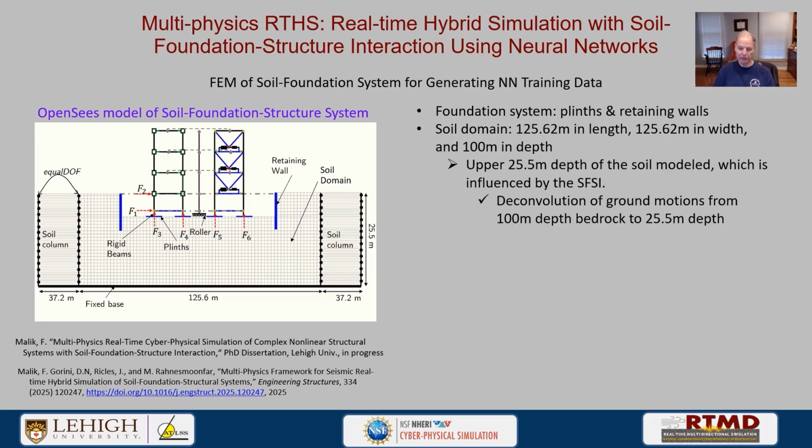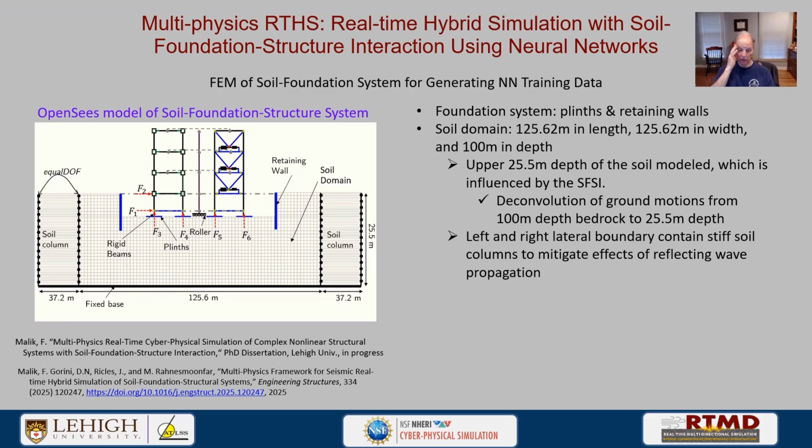Now the upper 25.5 meters of depth of the soil is modeled because it's influenced primarily by the soil foundation structure interaction. We use a deconvolution technique to convolve the bedrock acceleration up to that depth. Again, the details are in the paper noted on the bottom of this slide.